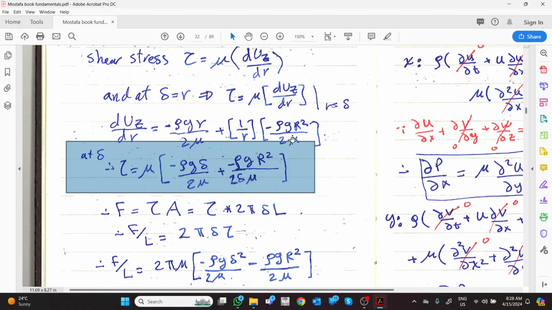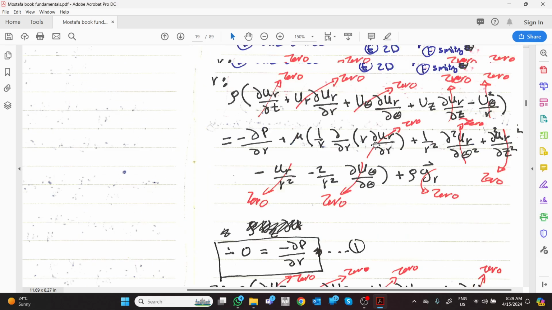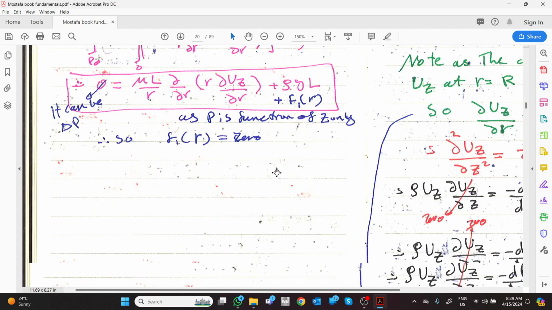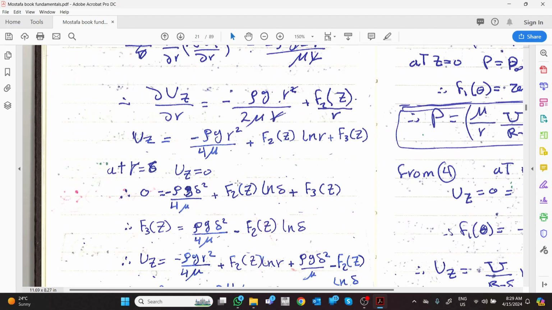Okay, if I'm going to fix that rod with a support, I need to check what is the support force going to act on that rod. It is very simple.